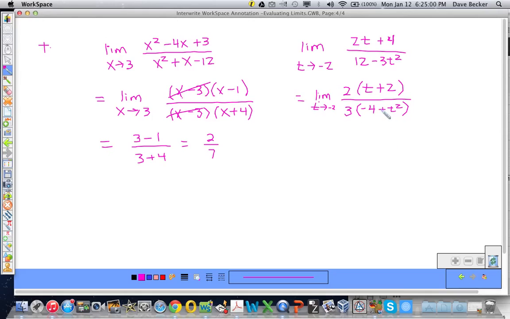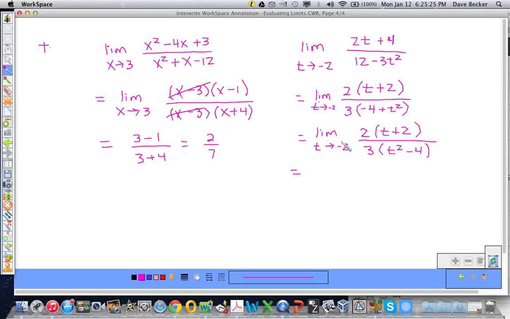Okay, still not good. I'm going to rewrite this as the limit as t approaches -2 of 2 times t plus 2 all over 3, and I'm going to rewrite this as t squared minus 4 because I recognize it as the difference of two perfect squares.